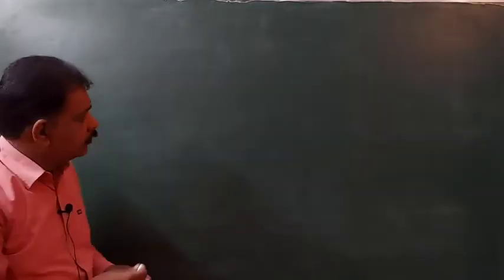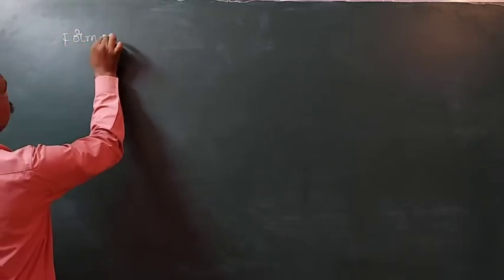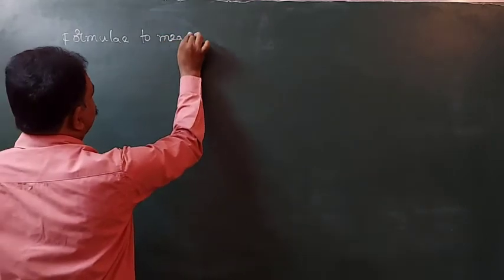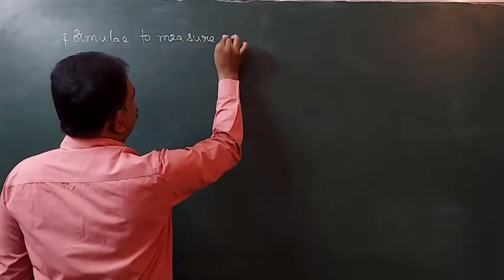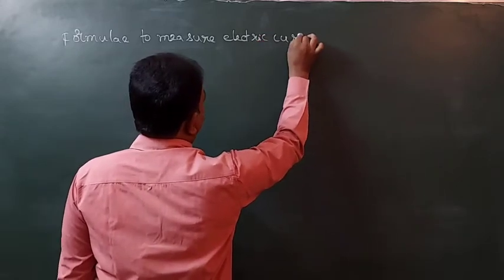Next, in different situations, to identify the electric current, what formulas do we have to use? Let us see. So, formulae to measure electric current. What formulas will we use?